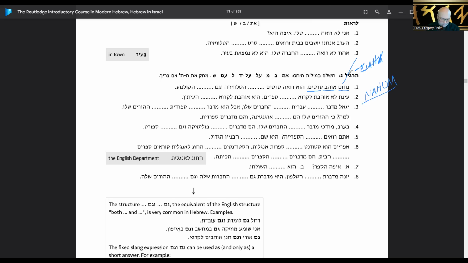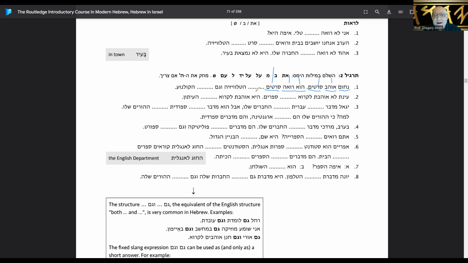Yeah, Nachum. So that's like that prophet in the Bible. You'll notice that in Israel, there's a lot of biblical names. So Nachum ohev sratim, he likes movies. Hu ro'e, he watches sratim, he watches movies.